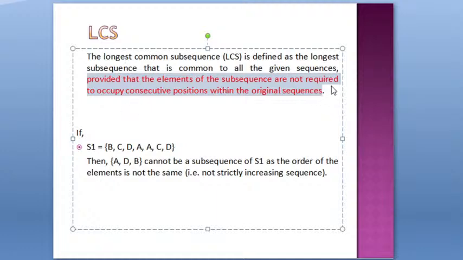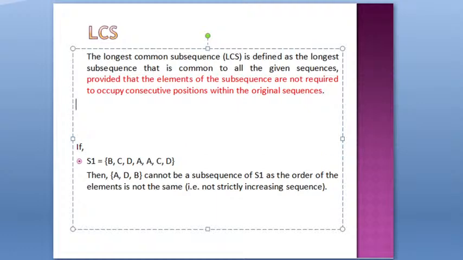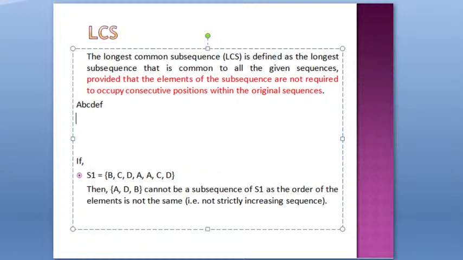See, if I have the sequence A, B, C, D, E, F, and I write a sequence like B, C, E, F, then it is a proper subsequence of my input A, B, C, D, E, F. Why? You can ask me, ma'am, I have D in between C and E, so it is not a consecutive sequence, but still you are telling me it is a possible sequence.